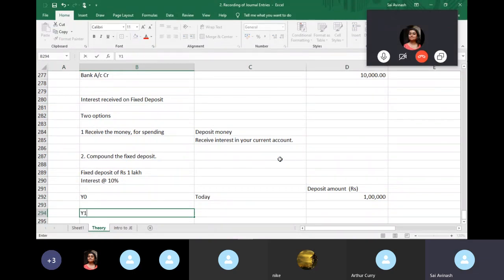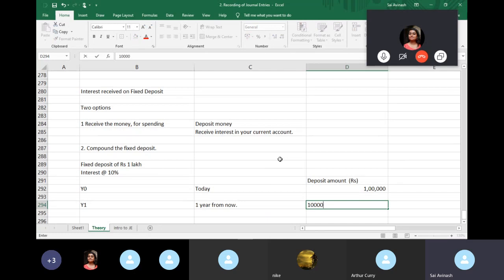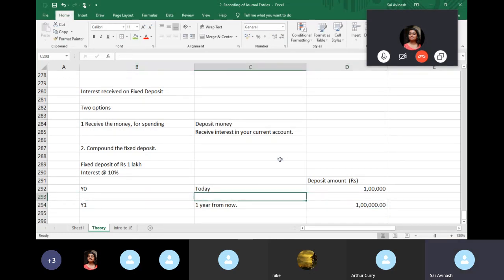So at the end of year zero, which is year one, 1 year from now, the deposit amount is 1 lakh, right? But the thing is, I've also received interest, which is 10,000, 10%, right?